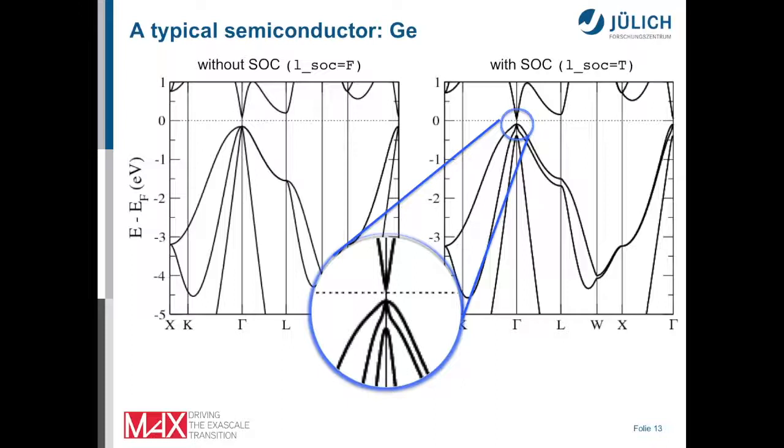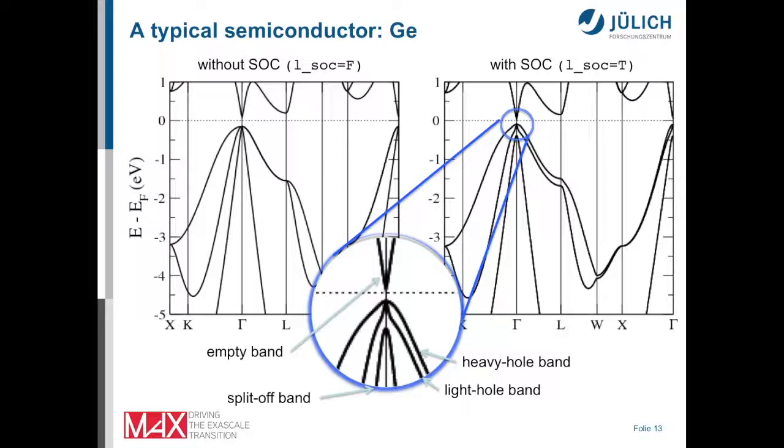So also in the solid at the gamma point you have a very similar behavior of the bands, and these bands, they are well known to the experimentalists. They have given them extra names in the semiconductor community: heavy hole and light hole bands, and split-off band here, and this splitting here is the effect of spin-orbit coupling.